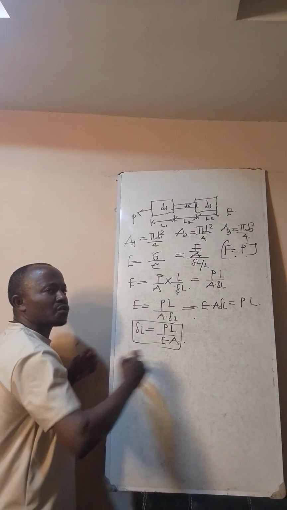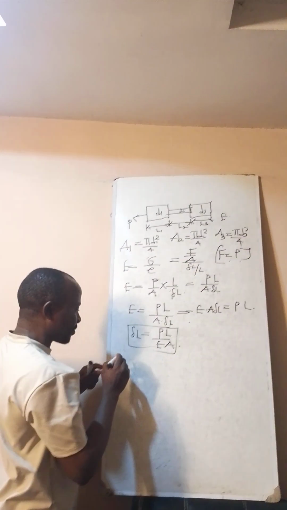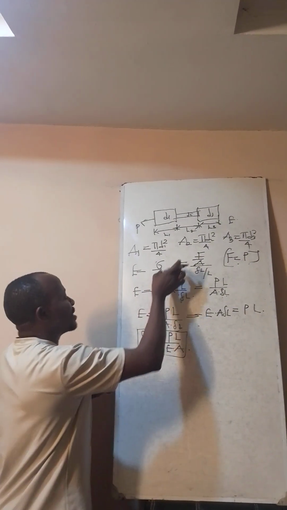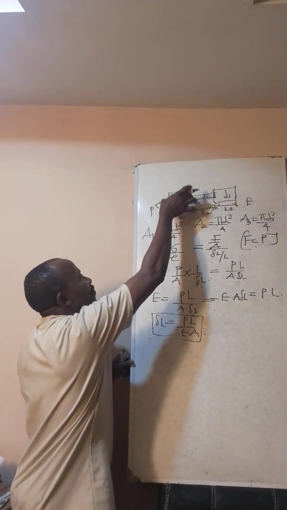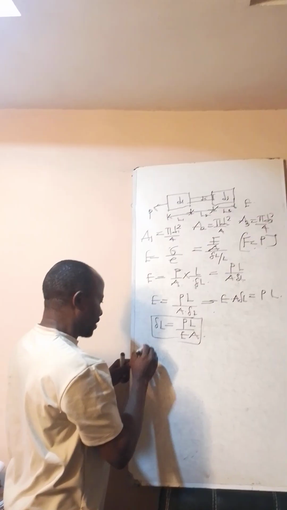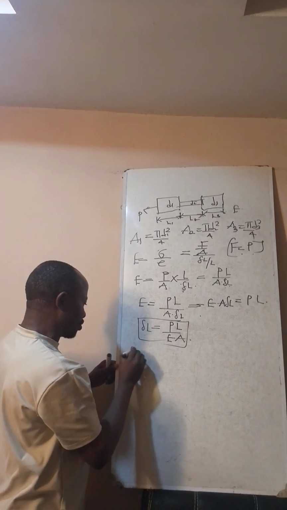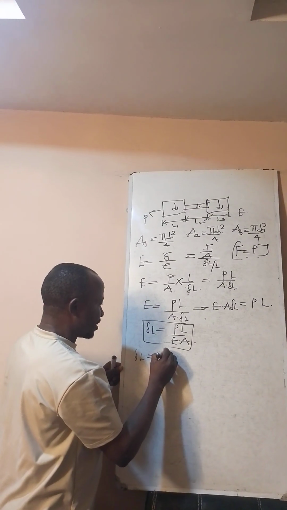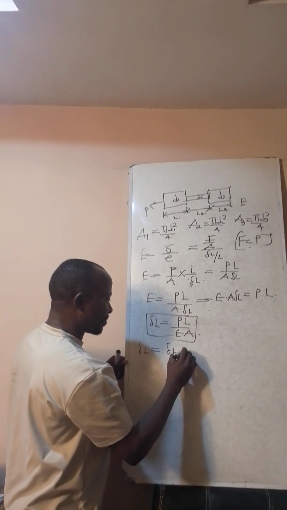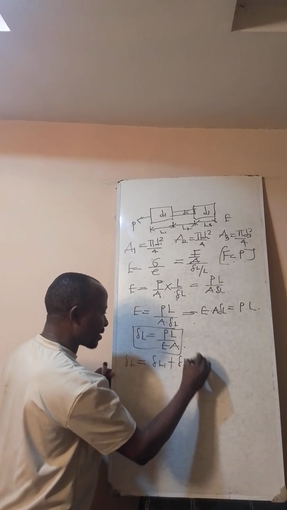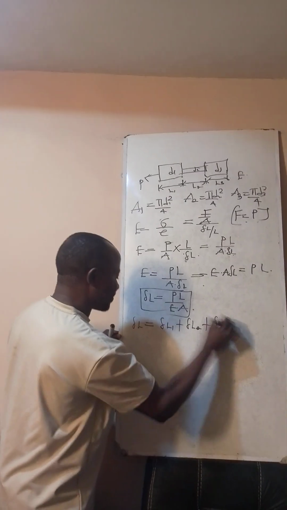Now we have to calculate the total extension of this steel bar. First we have to determine the change in length of each bar. So our total extension is change in length of first bar plus change in length of second bar plus change in length of third bar.